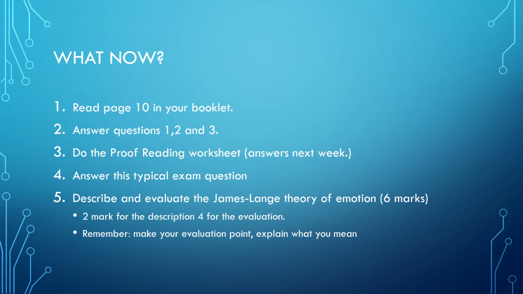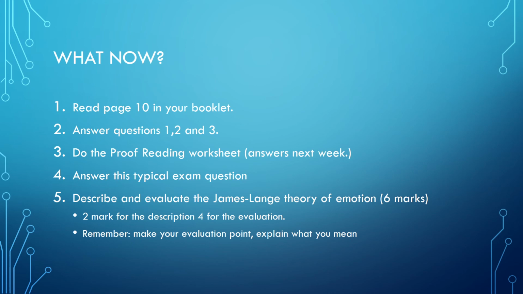And then there is a typical exam question to be answered. It is a 6-mark question. Describe and evaluate. Don't forget the balance of the marks is in the evaluation. You probably get 2 marks on the description of the theory, explaining the 4 boxes, and then 4 marks for the evaluation.